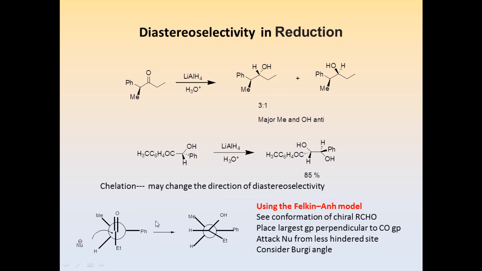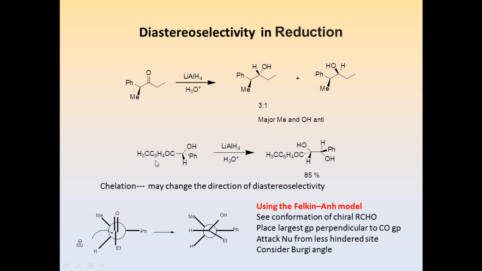Now how can you prepare this model? Place the largest group perpendicular to the CO. Phenyl is the largest group in this moiety, so place it perpendicular, and attack the nucleophile from the less hindered site, and there are also Bürgi-Dunitz angles, because the nucleophile attacks at certain angles, so it can produce this Newman projection, which you can redraw in zigzag formula and give this type of product.